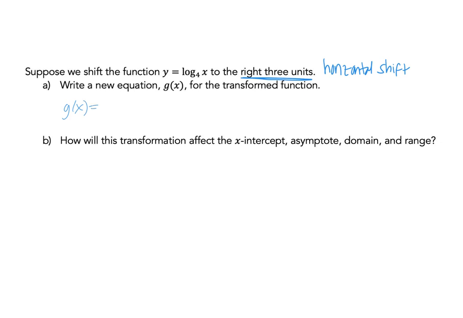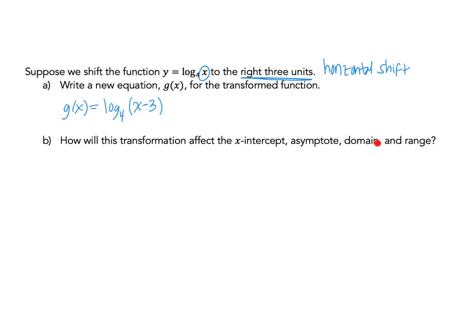Well, g of x equals log base 4. This is my x right here, so I have to manipulate that to show that it's moving to the right 3 units. And hopefully you're reminding yourself that you always do the opposite when it's horizontal. So if we want to move to the right 3 units, then I must make sure that I have this minus sign in here. And so I should have log base 4 of x minus 3.